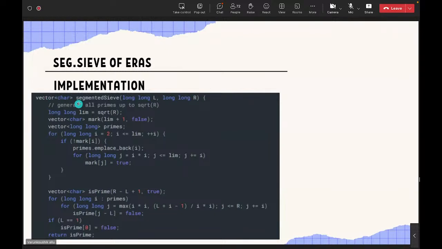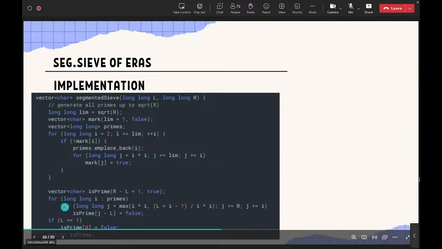We'll take long limit equal to square root of R. As I told you, we'll generate all primes up to square root of R. Then one vector named mark of limit plus one, all of them marked false. This whole part is the sieve of Eratosthenes, which marks all the prime numbers between 1 to square root of R. So I don't think I should explain all of this again.